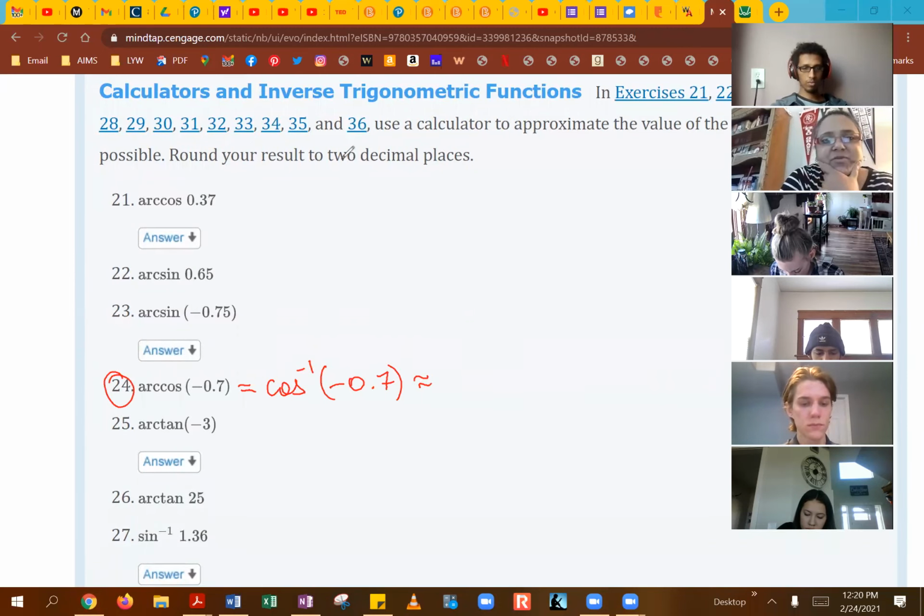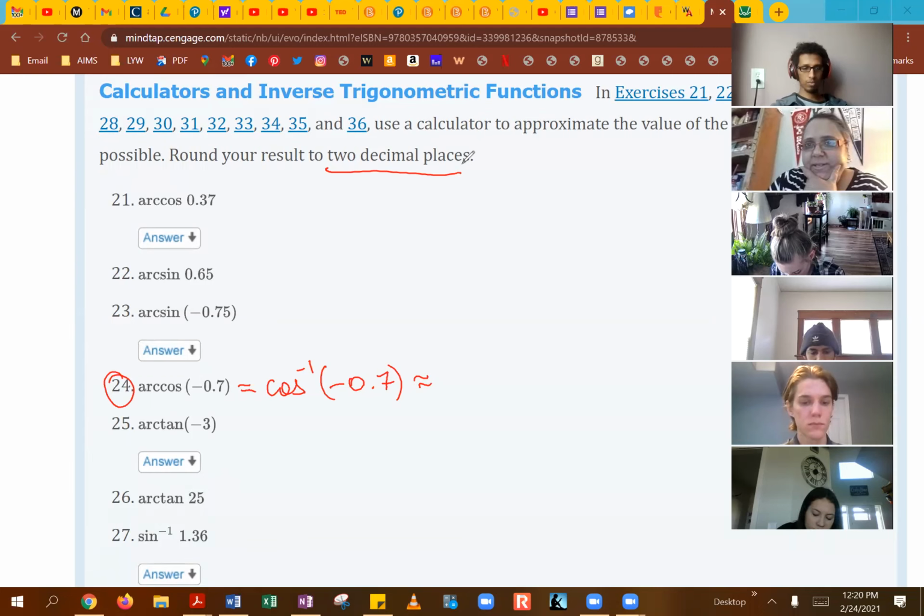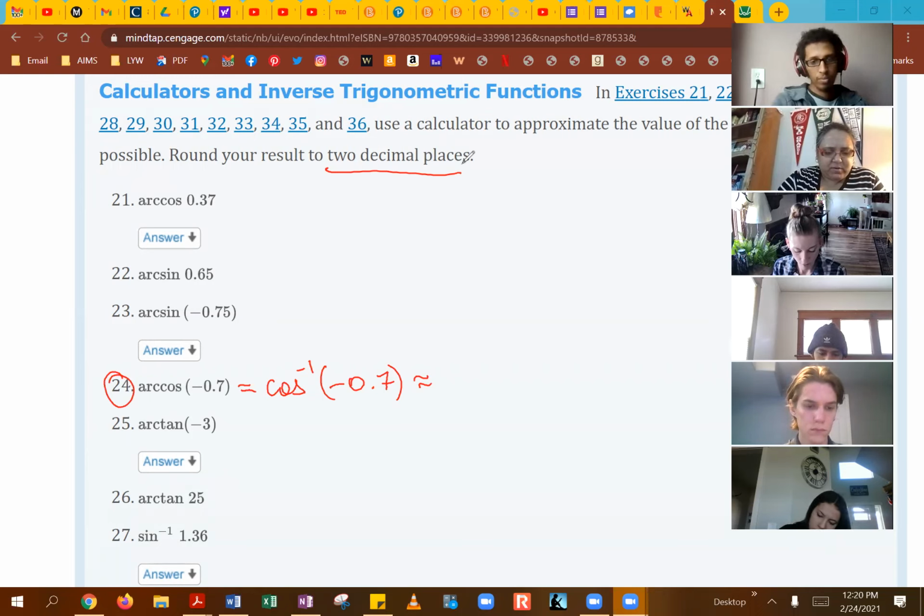And they're asking us to round this to 2 decimal places. Okay, let's see, Shu, you've got 45.57. Let me check. Cosine inverse of negative 0.7.